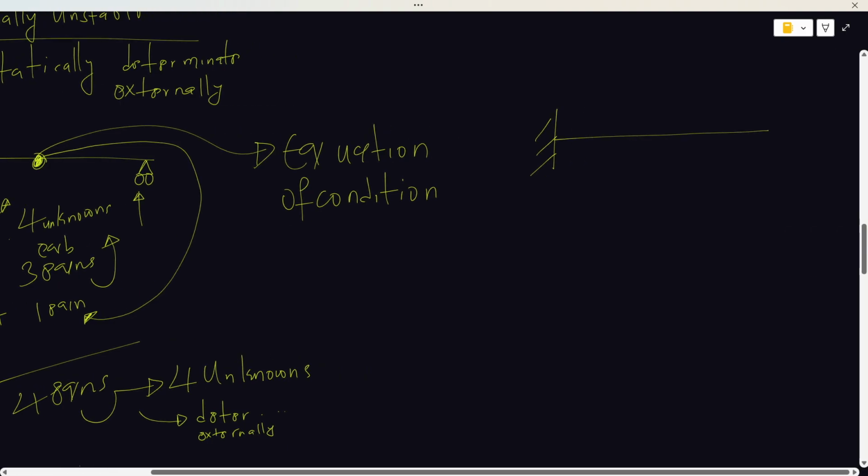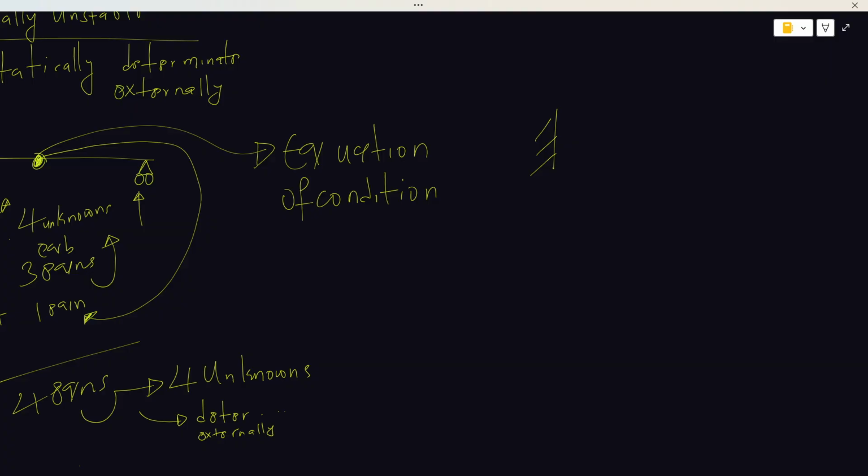For internal rollers, I will model it this way. Let me erase this. Let's say I have this structure.